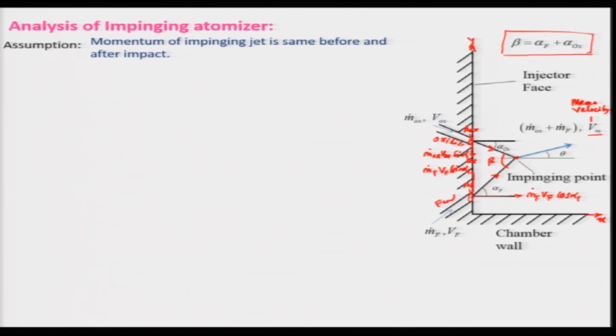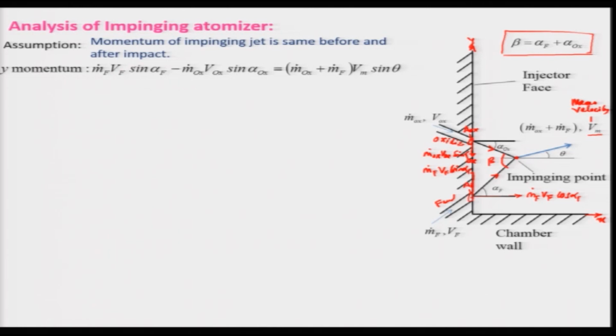So, if we resolve these components and write them down, the y momentum will be m dot f v f sin alpha f, which is in the positive y direction, whereas the oxidizer has the negative direction, therefore the minus sign: m dot oxidizer v oxidizer sin alpha oxidizer.